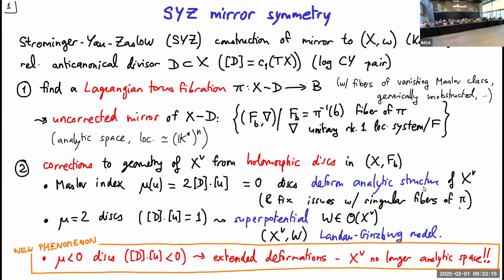So this produces out of each torus in my Lagrangian family a dual torus of the same dimension, and I'm going to assemble those together over the base B of the fibration. The nice feature is this wants naturally to be an analytic space over whatever coefficient field we use to define our local systems. I will explain this more precisely on the next slide. This is motivation for now, just explaining the general strategy.